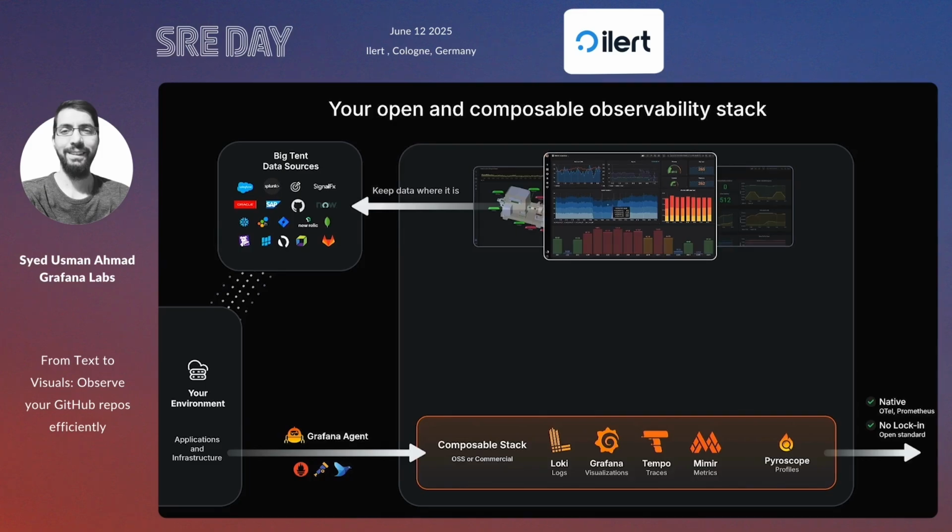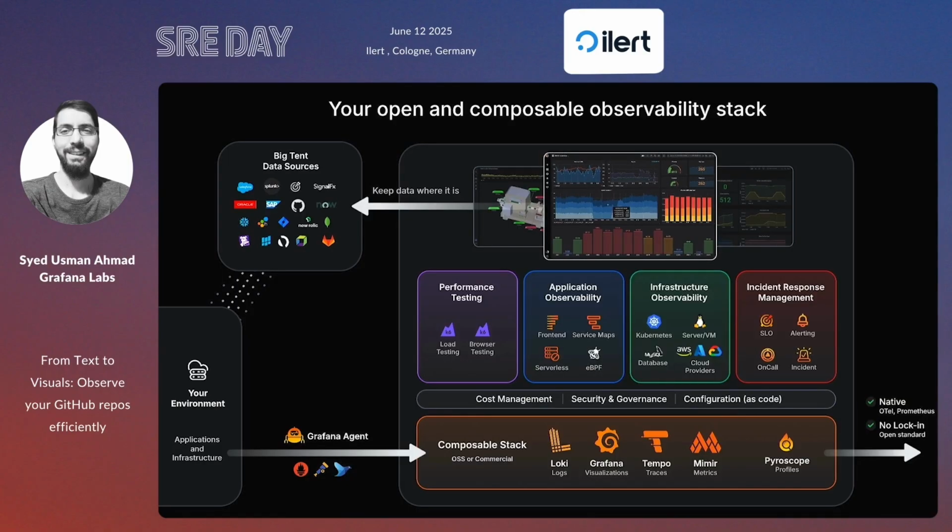Yeah. And then the composable stack here we call the LGTM stack, or the new addition is Pyroscope, so LGTMP. And this stack is basically purely open source. You don't need to pay for it. You can get all these features for free. And beyond that, we have some additional tools which are also open source. For performance testing, we have k6, which is also for load testing.